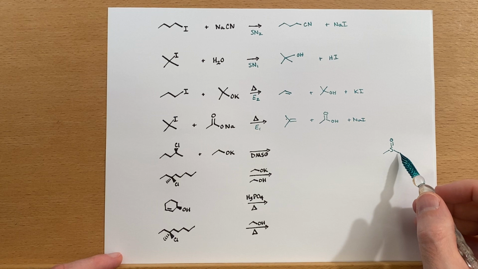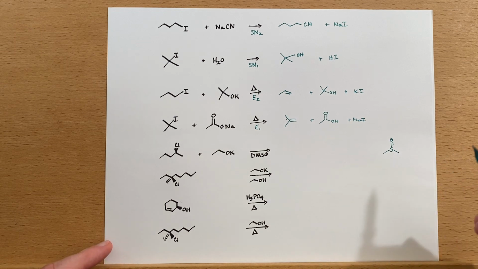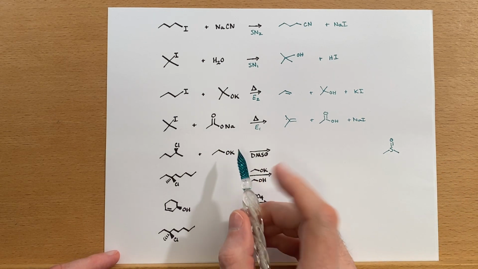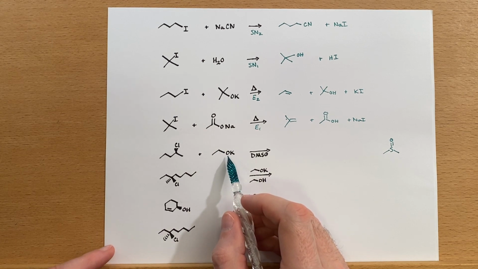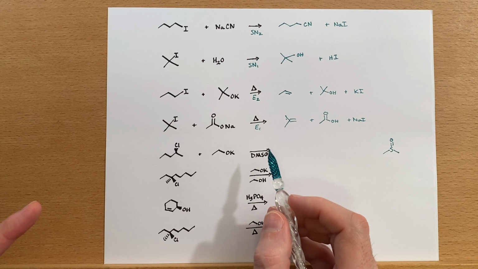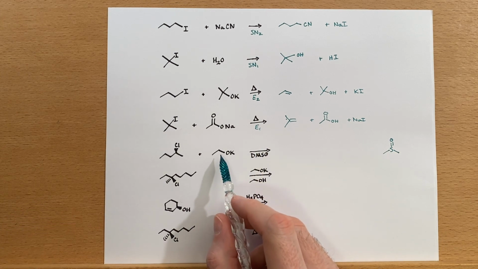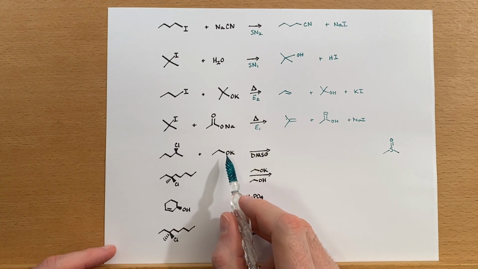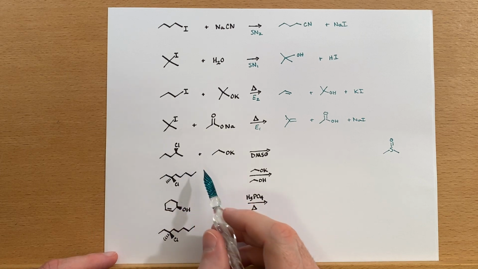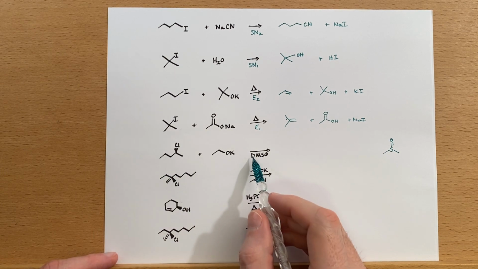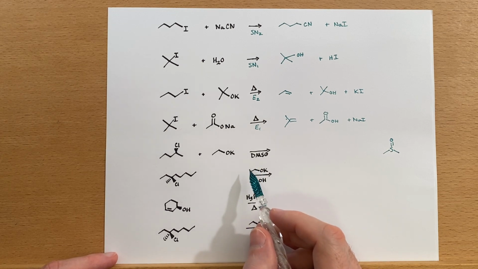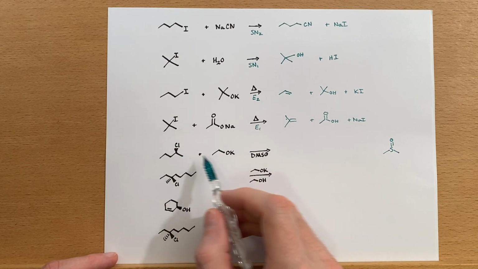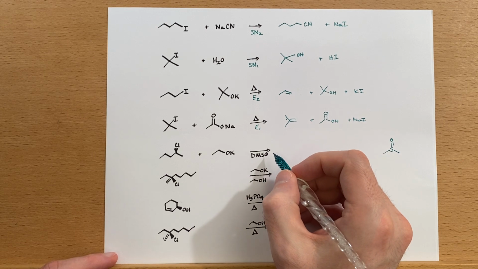Aprotic solvents tend to favor the bimolecular reactions. And this is a good nucleophile right here. It's also a good base, but it's not sterically hindered. And this is a secondary. So putting all this together and assuming that we're not heating this reaction very much, this would likely go SN2.